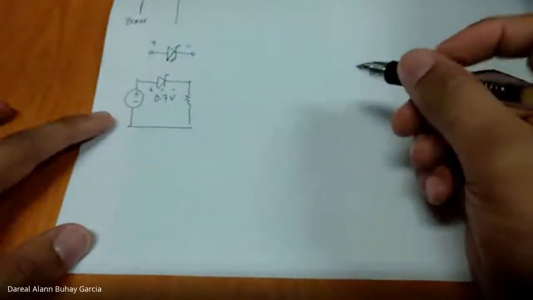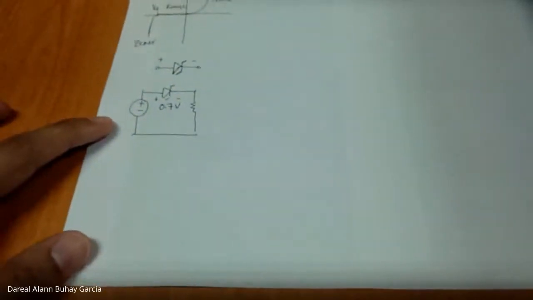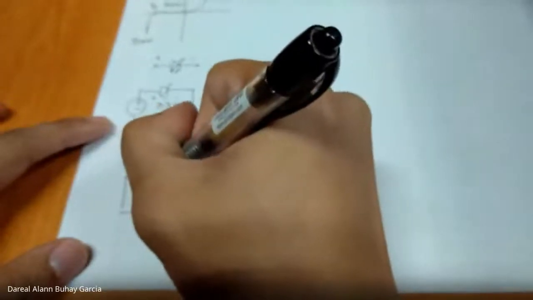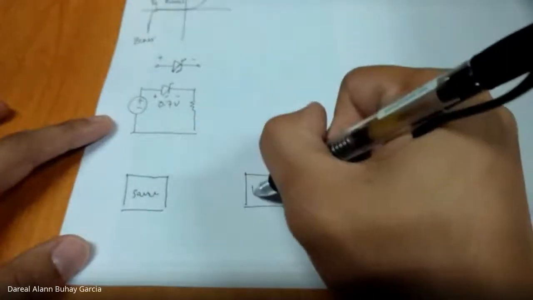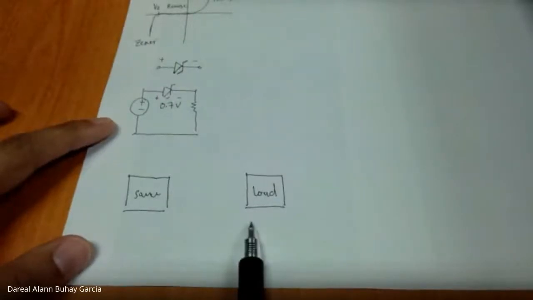So it might be that our Zener diode is the device in between another system to protect it from higher voltages. So for example, we have a source and then a sensitive load, sensitive to variations in voltage. We can place it in between them.